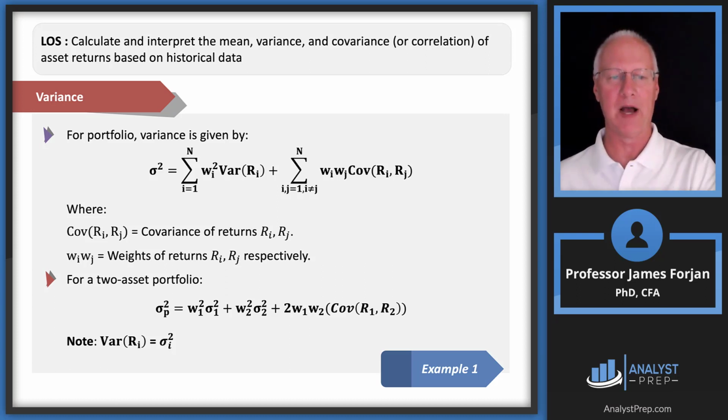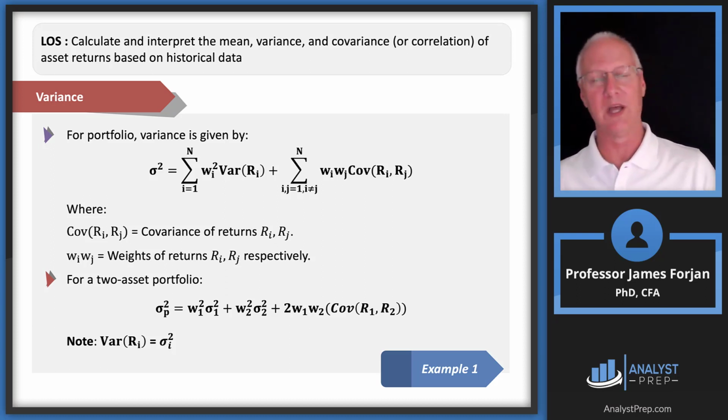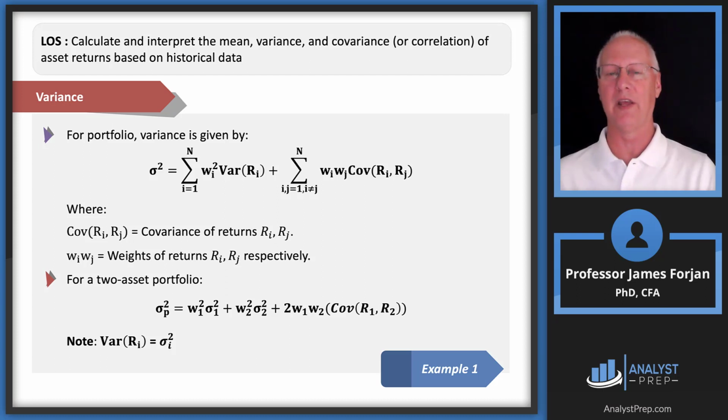So look at that bottom equation there. For a 2-asset portfolio, the variance of the portfolio is the weight 1 squared times the standard deviation 1 squared, plus weight 2 squared times standard deviation 2 squared, plus twice the weight 1 times weight 2 times the covariance between asset 1 and asset 2.